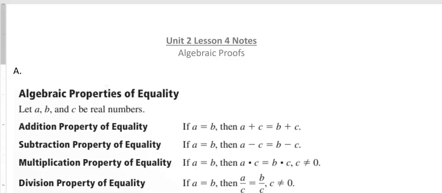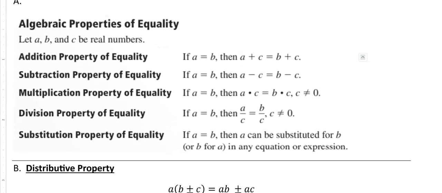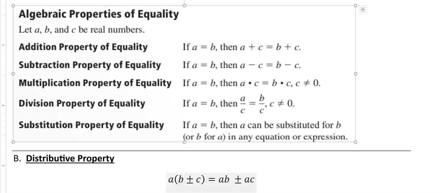Okay. So what we have here is a list of a few algebraic properties. If A is equal to B, if you add the same thing on both sides of the equation, it stays equal. We call that the addition property of equality. So, for instance, 5 equals 5, right?